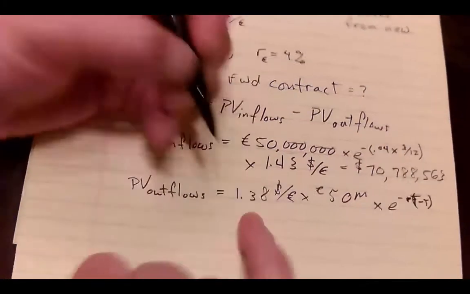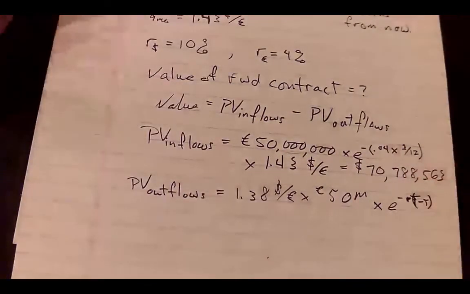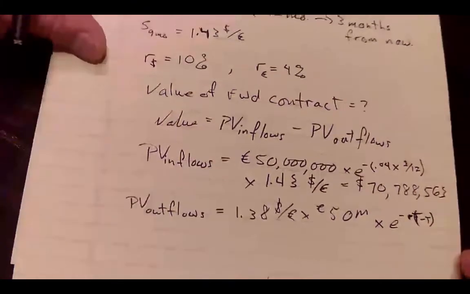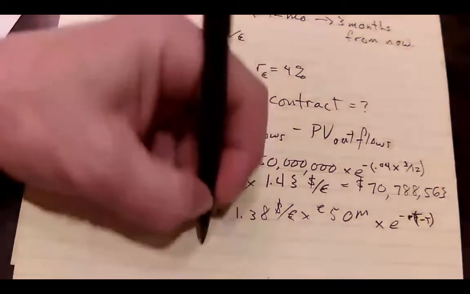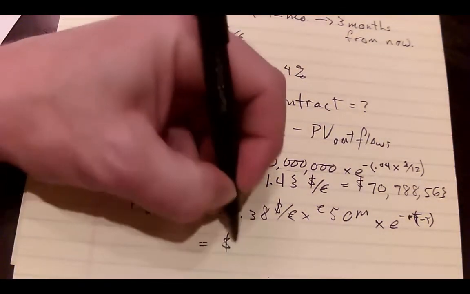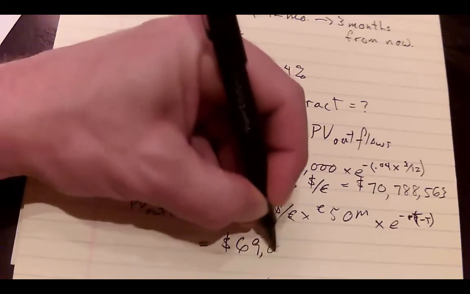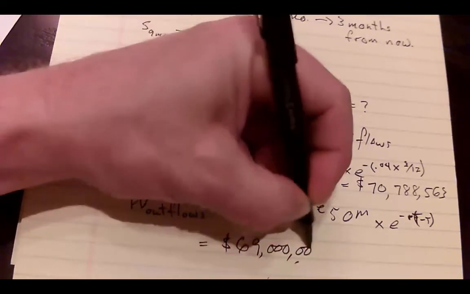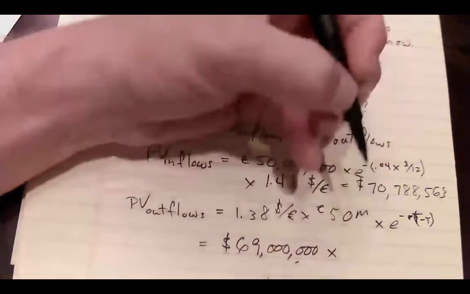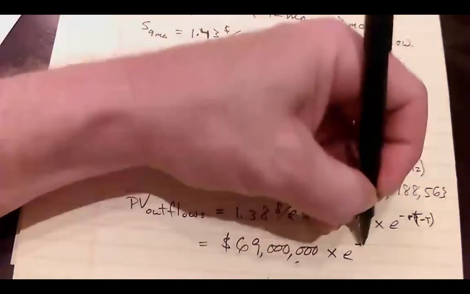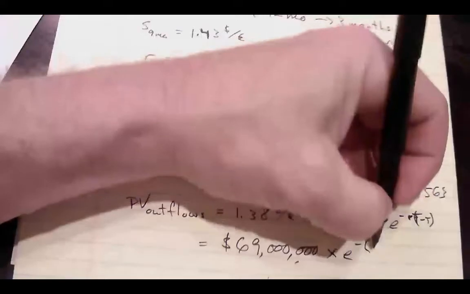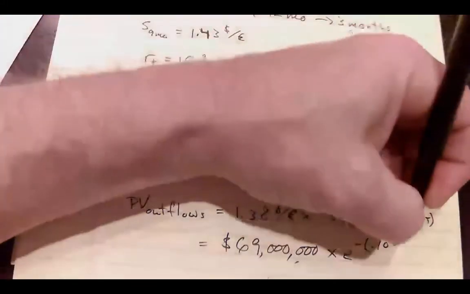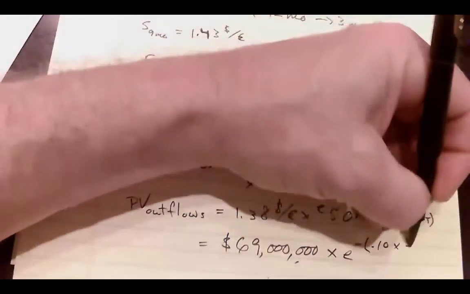So that's going to be 1.38 times 50, which is 69, so that's $69 million. And times e to the minus, the interest rate in the US is 10%, so 0.1 times 3/12, so 0.25.